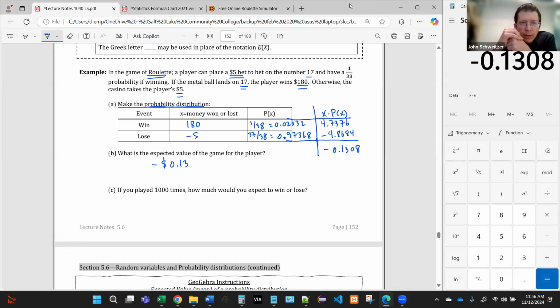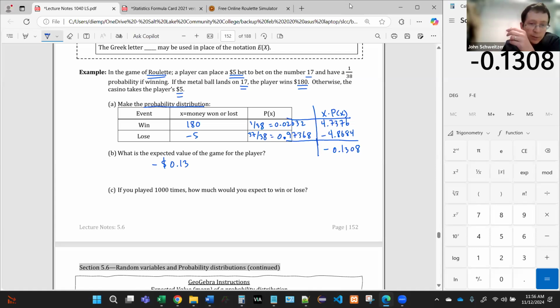If you play this game enough, the law of large numbers is going to come in and guarantee that you lose your money. Maybe not on this game, or maybe not on this roll or that roll, but in the long run, and who knows how long that is, maybe over 30 games, maybe you have to play 300 games, but eventually you're going to be in the red. You're going to have lost money here.